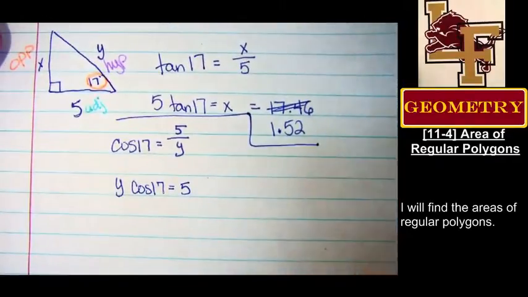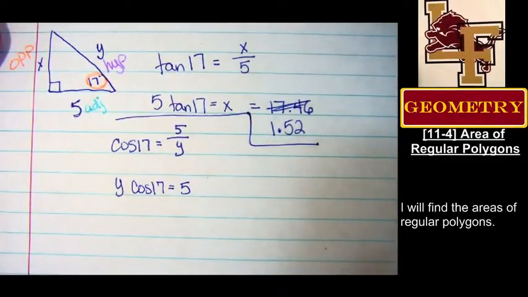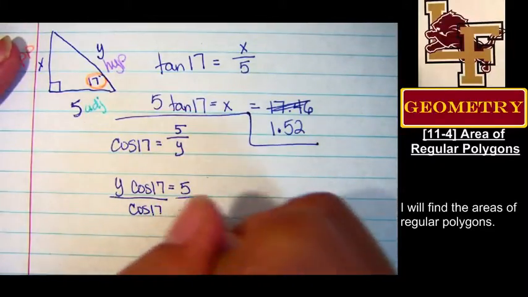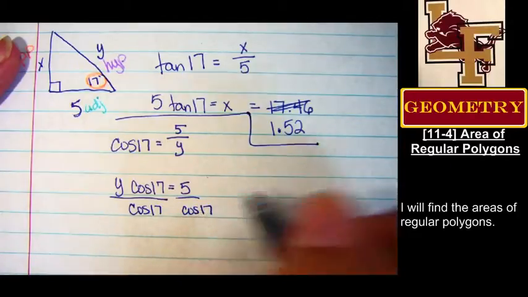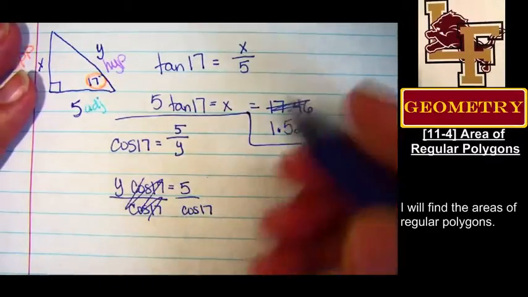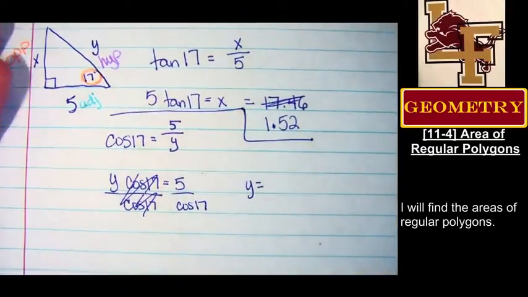And now that I want y by myself, what should I do? Divide by the cosine of 17. I know that feels really weird to say and to do, but remember that the cosine of some number is itself just a number. And so y equals whatever you get when you go 5, hit the divide button, and then do cosine 17.